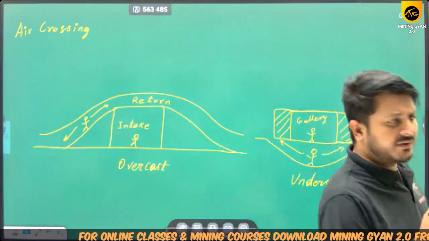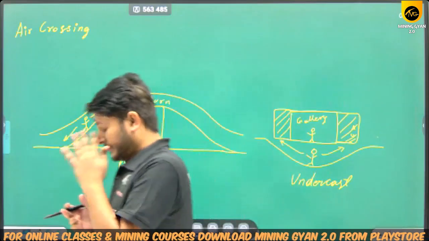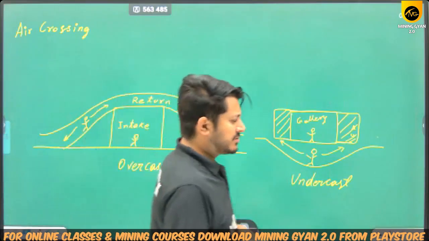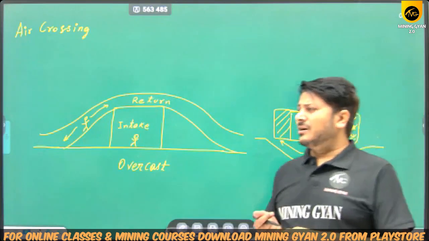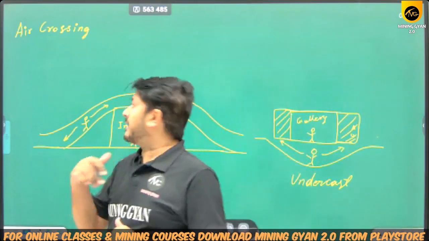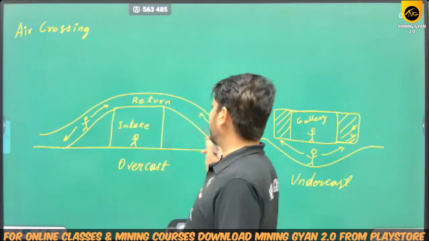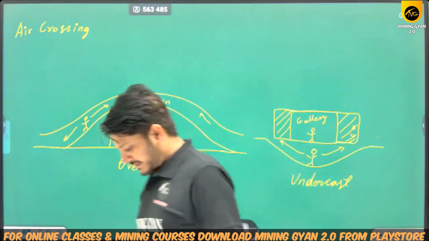In case of the return airway, the temperature of the air is much more than the intake airway, and it contains methane also. If methane gas is present, then that methane gas will rush towards the roof only, and then we can easily take it out from the return airway.